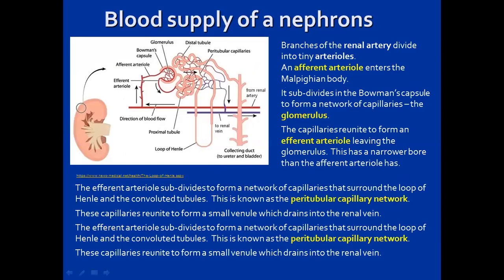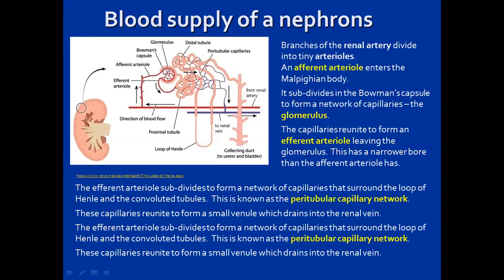Okay. Let's talk about blood supply of the nephrons. I've spoken to you about the fact that the renal artery divides and divides and divides into many tiny arterioles, such that each branch of the renal artery gives rise to an arteriole. You can see branches coming off of this as well.